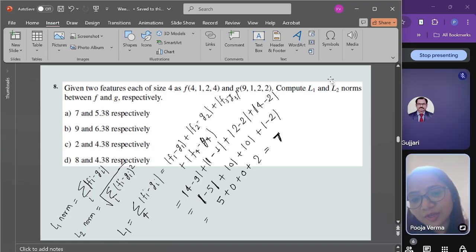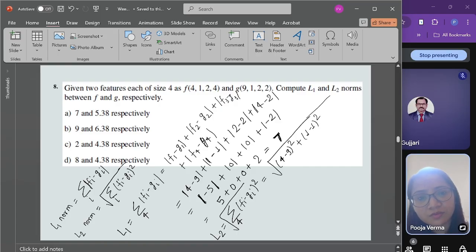Okay. Similarly, you have to calculate for L2 norms also. Again, 4. It is the square root of the sum of fi minus gi squared. So we have already calculated, or you can calculate again: 4 minus 9 squared plus 1 minus 1 squared plus 2 minus 2 squared plus 4 minus 2 squared.